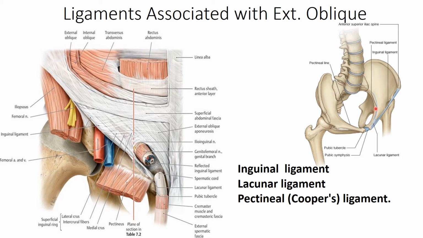So these fibers, which are continuous as the thick fibrous band over this pectineal line, are known as the pectineal ligament, and those fibers filling this lacunae, the gap between the medial end of the inguinal ligament and the pectineal ligament, this gap is filled by this lacunar ligament, and this lacunar ligament has this medial free margin, and this forms the medial boundary of the femoral ring.